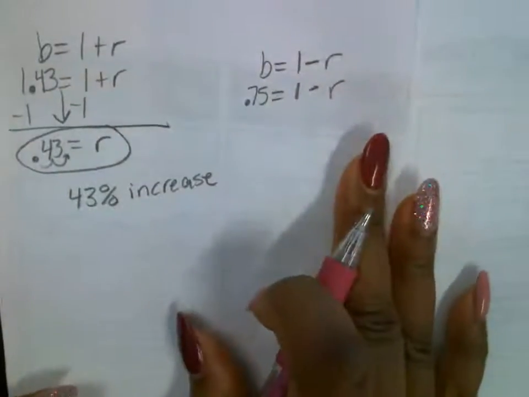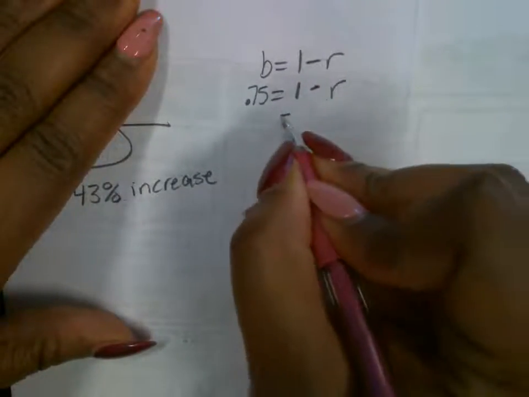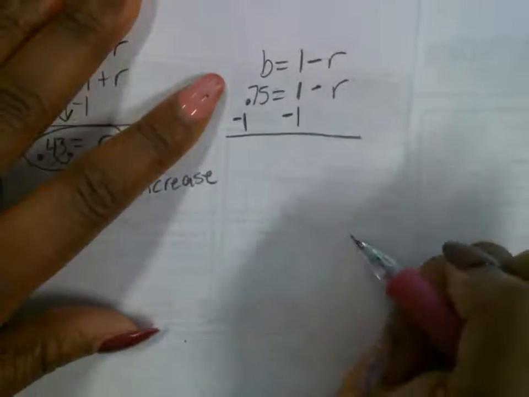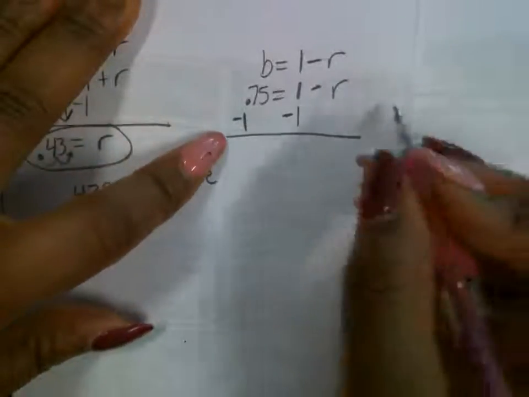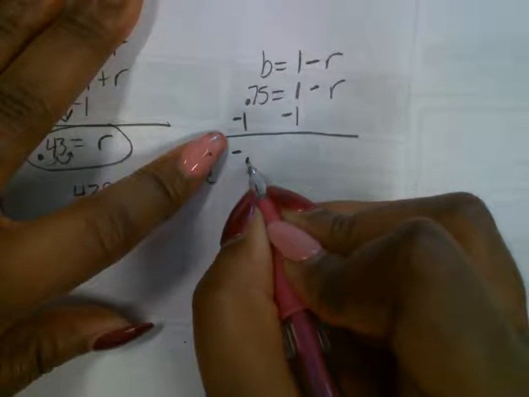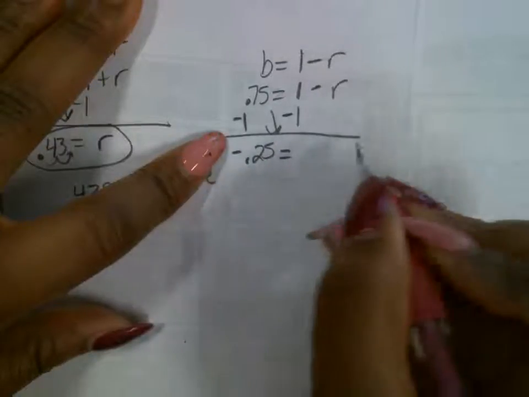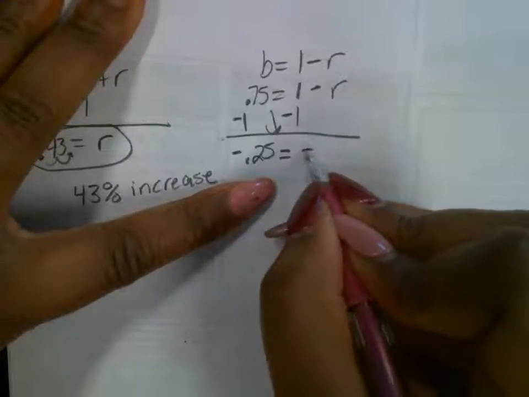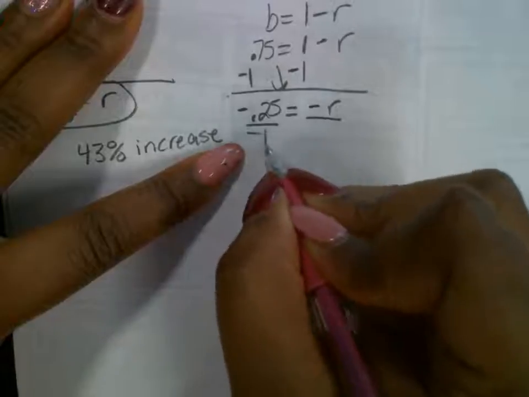So now we have to get R by itself. How do we get R by itself? Subtract 1. There we go, saying add again. That messed us up last time, didn't it? Come on, sorry. All right. What do we get here? This is going to be a negative what? Negative 0.25. It's all right. So here, what are we going to get on this side? Negative R. How do we get rid of the negative? Divide by negative 1.